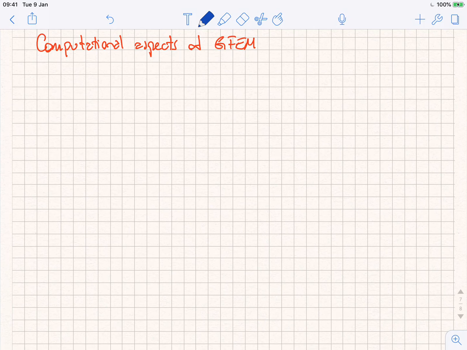So if you remember a scalar field, let's just rewrite the GFEM approximation for a scalar field. We can write our approximation, and u in this case, for example, would be the temperature. It's a function of, let's say, a two-dimensional coordinate x.